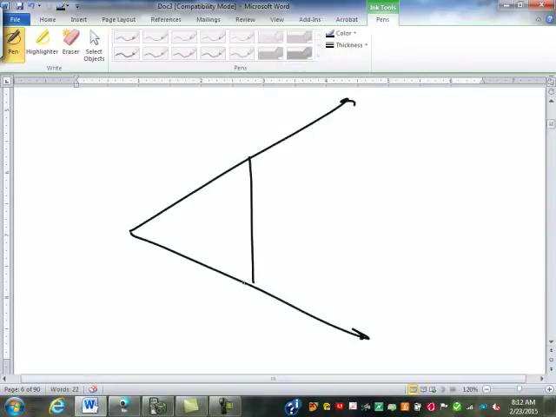Let's say we have a triangle like this. And one thing you guys deal with is cutter comp, right? Your cutter offsets. So let's say because of your cutter, you have to move this side here out 3/8 of an inch.